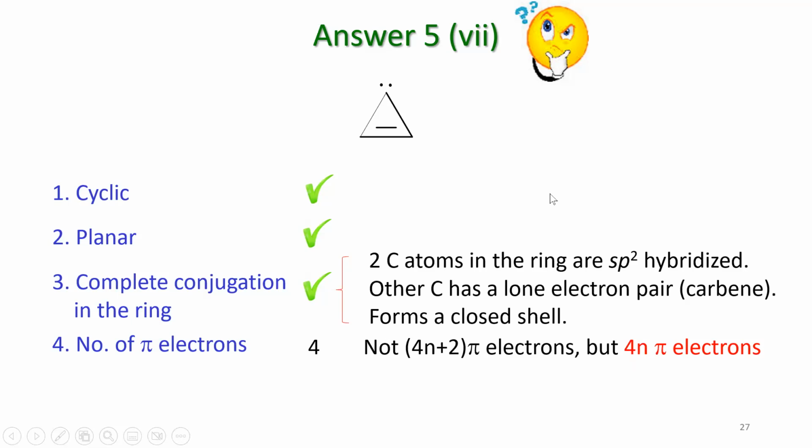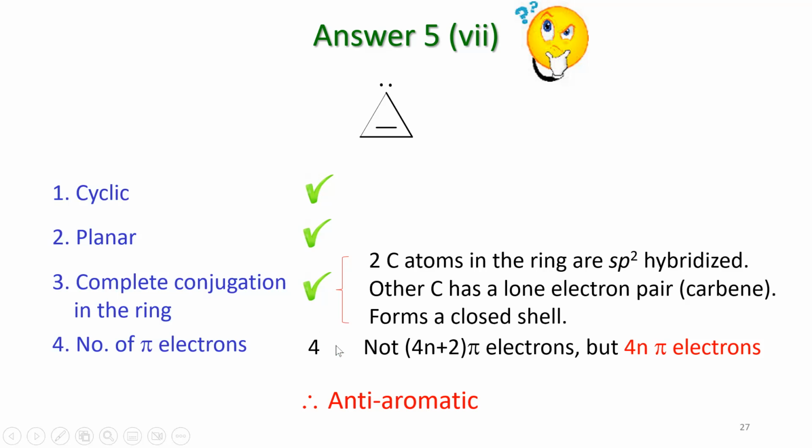So if it is 4n, what type of compound is this? Non-aromatic? No, anti-aromatic, not non-aromatic. It is cyclic, planar, conjugation is also there, and the only difference is the number of pi electrons. So it is anti-aromatic. If it is 4n, anti-aromatic.